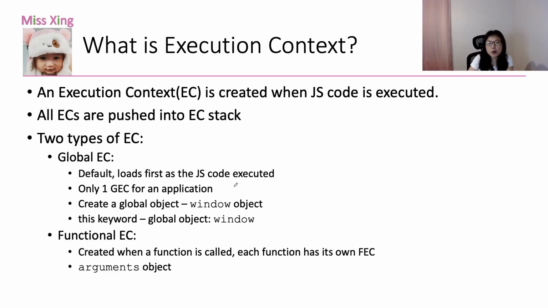And in the global, we also have a global object. The window object is the global object if we execute our code in the browser. But if we execute our JS code using the Node platform, it's going to be the global object. It doesn't have window, okay? But for this tutorial, we will execute our code inside the browser, so you will see the window object.